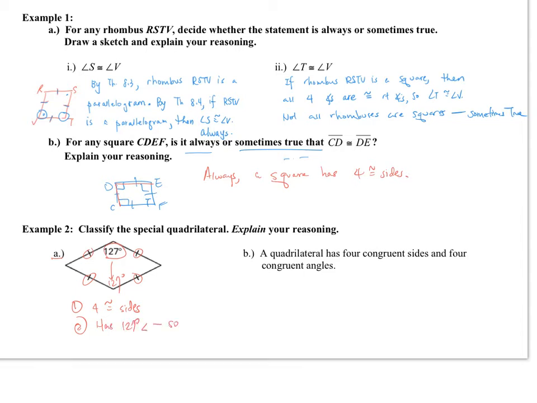So we can conclude that this is not a square, but instead a rhombus with 4 congruent sides. For part B, a quadrilateral has 4 congruent sides and 4 congruent angles. Now this is very obvious that it must be a square.